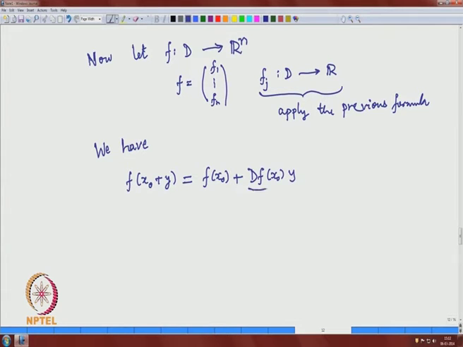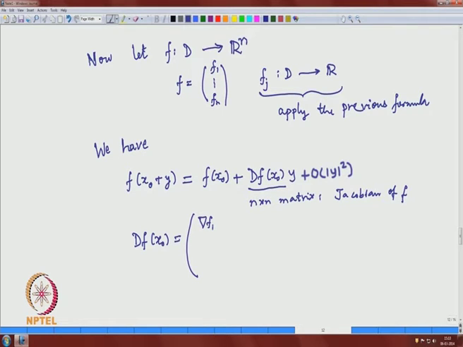This is an n by n matrix, and this is called the Jacobian of F. If you look at the previous formula and apply it to each F j, this dF at x 0 is nothing but a matrix, where each row is gradient F 1 at x 0, and so on up to gradient F n at x 0.